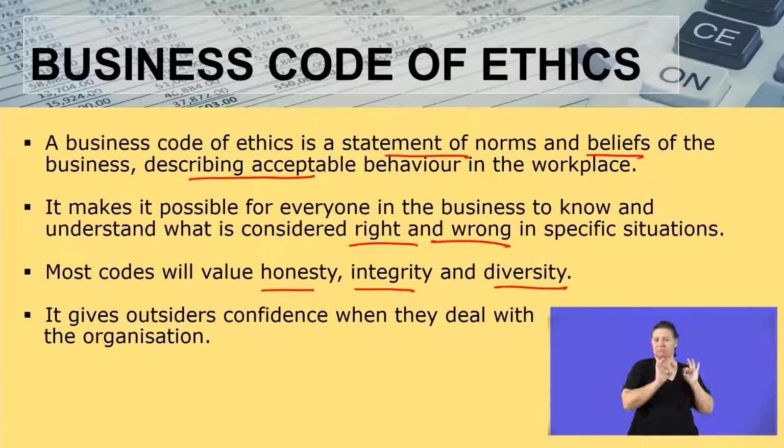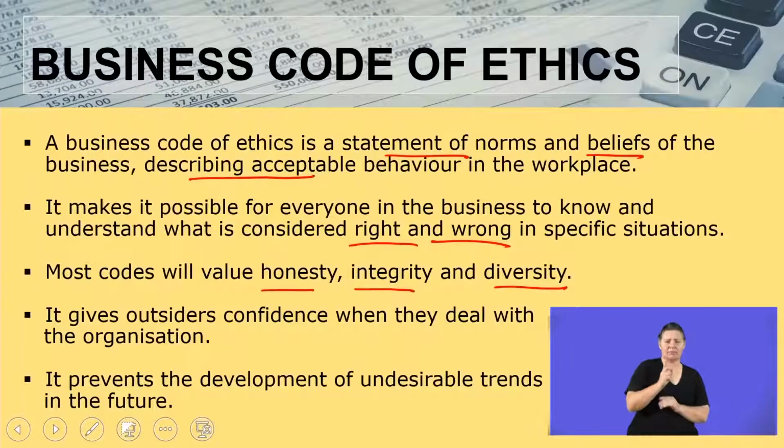Most people, before they engage with another business, would want to know what your code of ethics is. What do you consider right, as well as what do you consider wrong? It prevents the development of undesirable trends in the future. So a business code of ethics will help us with all of this.